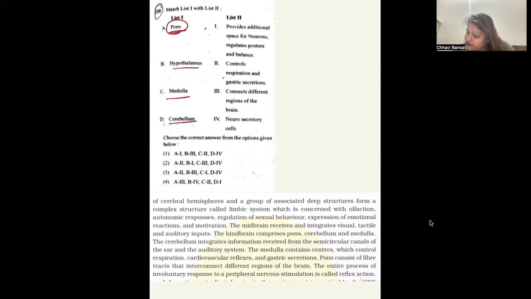The hindbrain comprises of pons, cerebellum, and medulla, right? The cerebellum integrates information received from semicircular canals of ear and auditory system. So for cerebellum, it receives the information from semicircular canals of ear and auditory system.